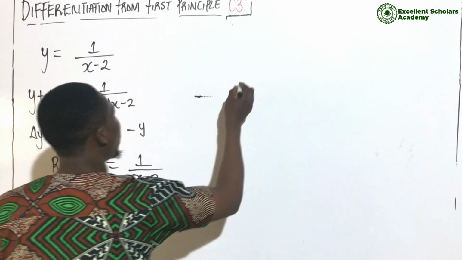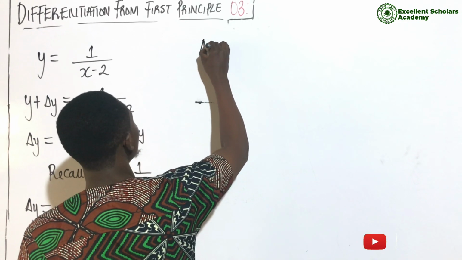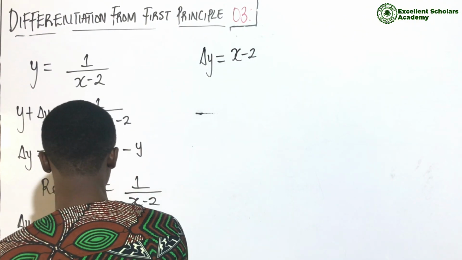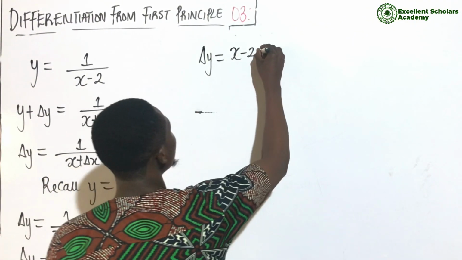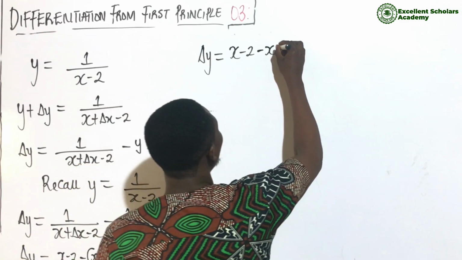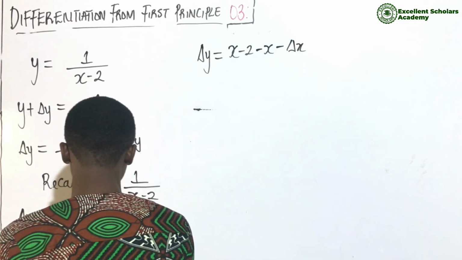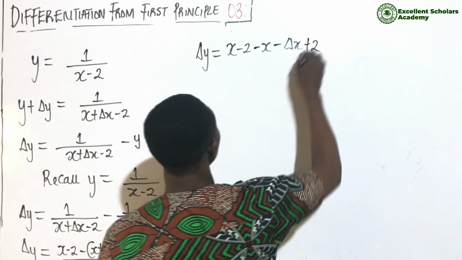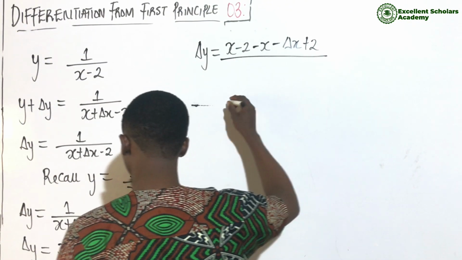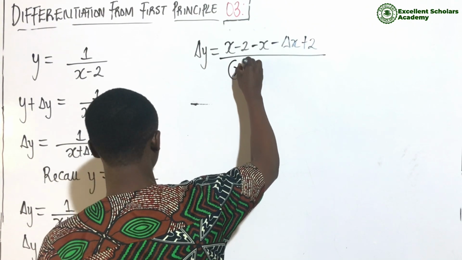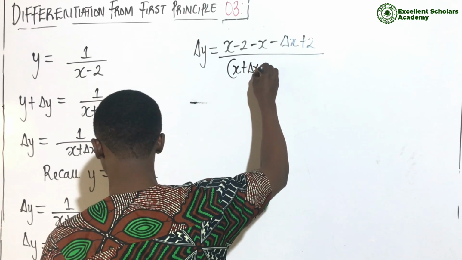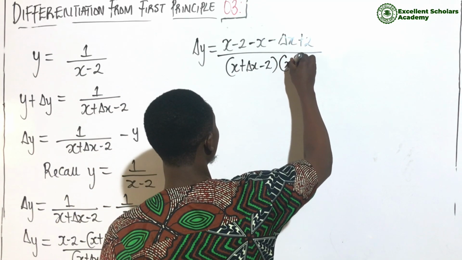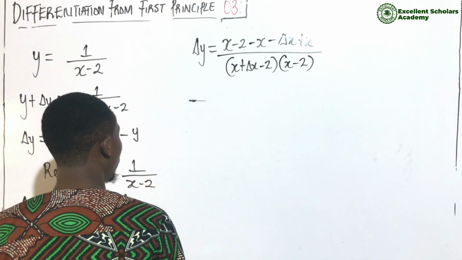Okay, now so we have change in y to be equal to x minus 2 minus, opens this, becomes minus, and then you have minus change in x, and then this becomes plus 2, over x plus change in x minus 2 into bracket x minus 2.